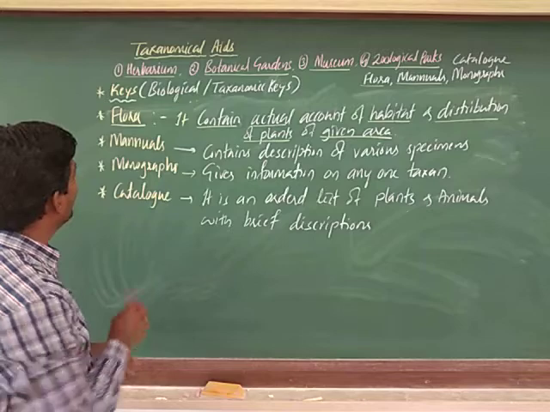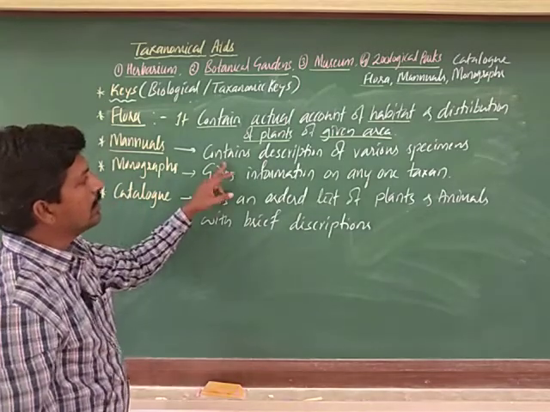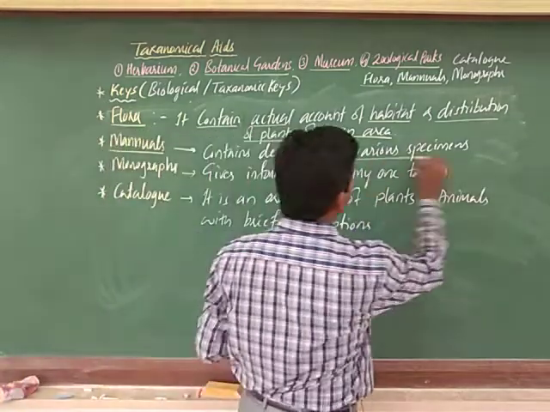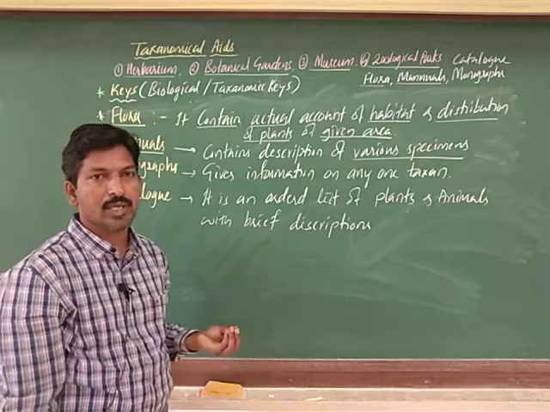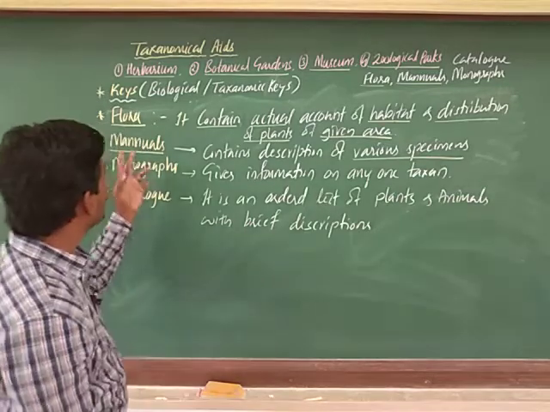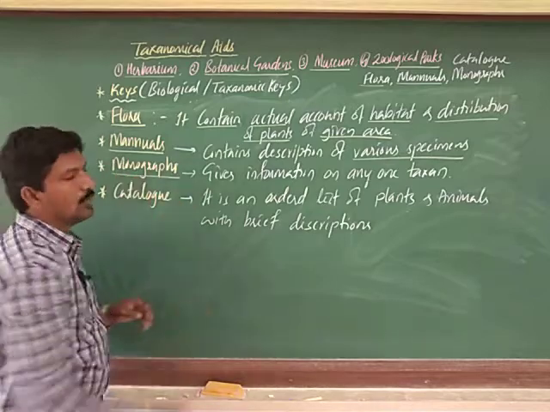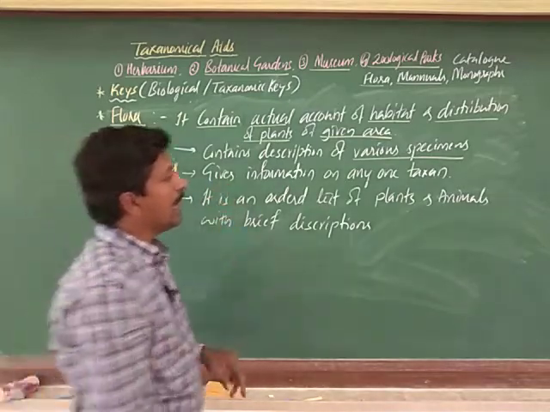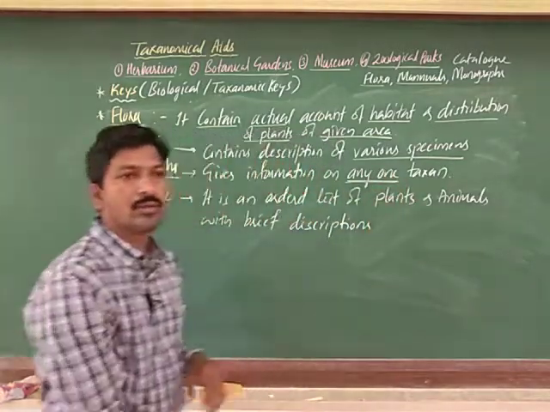Understood? Next one, the manuals. Manuals means what? It contains descriptions of various specimens, either plants or animals. Specimens means, okay, so manuals are related to both. Next, monographs. Mono means single. So, it gives us information on any one taxon, very important, any one taxon.